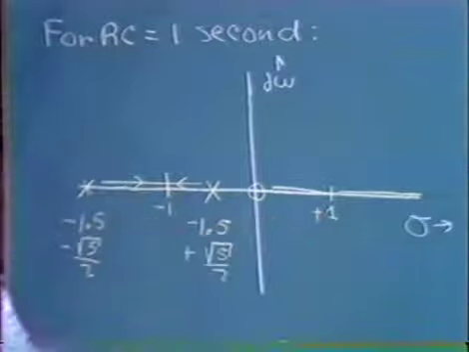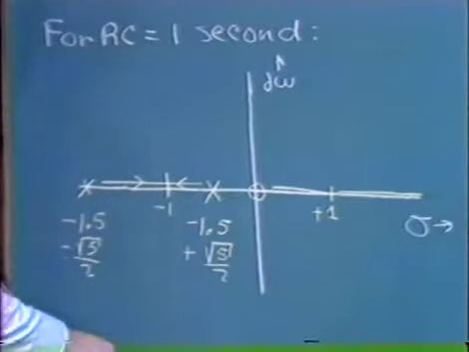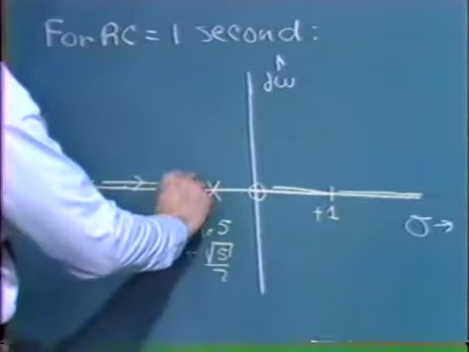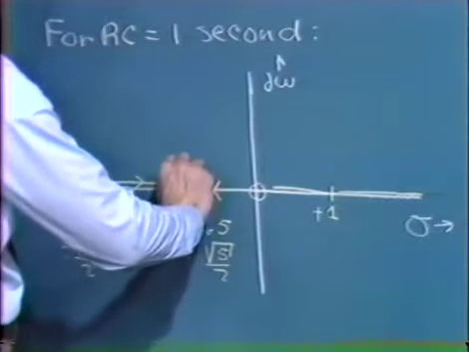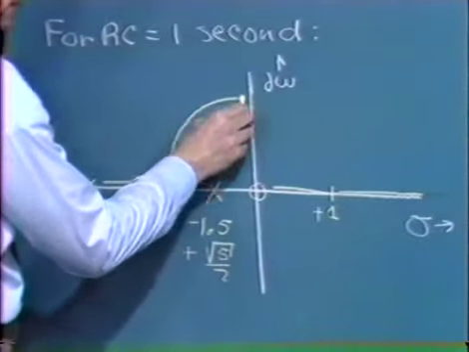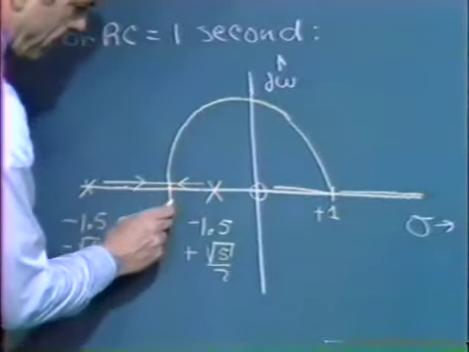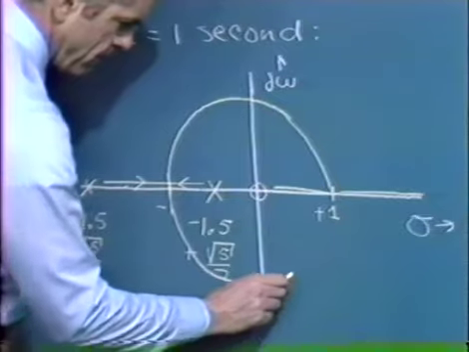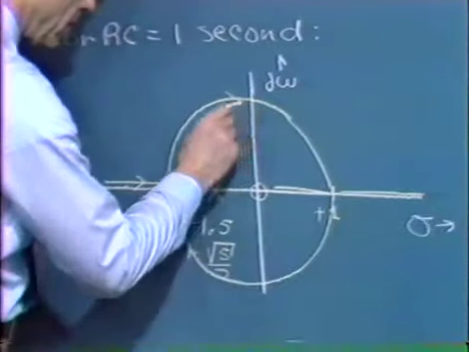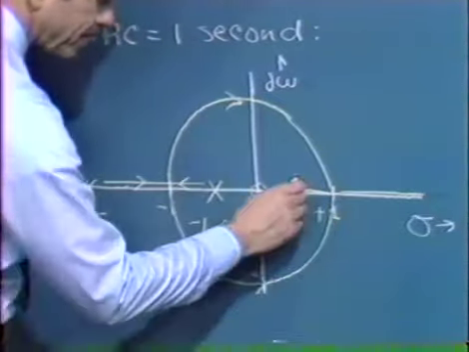There's a reentry point at s equals +1. We've seen enough of this sort of thing to realize that we'll get a circle. Something like so.